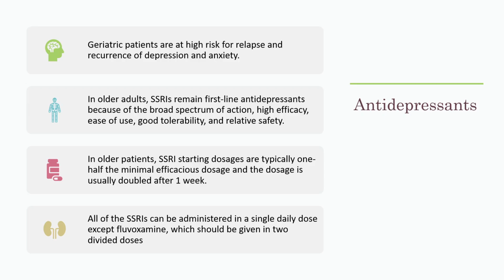So when it comes to antidepressant prescribing in geriatrics, geriatric patients are at high risk for relapse and recurrence of depression and anxiety. In older adults, SSRIs still remain the first-line antidepressant, okay? And they are long-acting, even as we talked about with children and adults. There is a lot of clinical research with high efficacy, ease of use, good tolerability, and they are relatively safe.